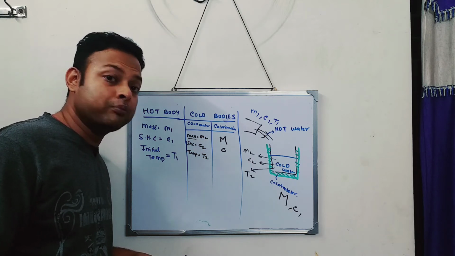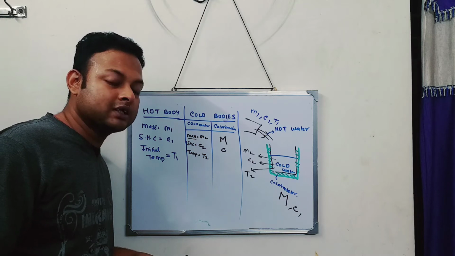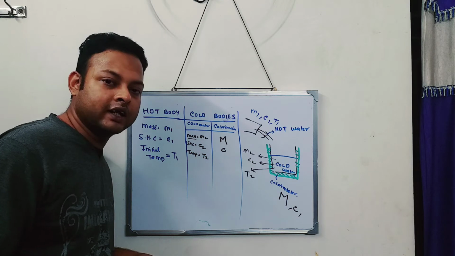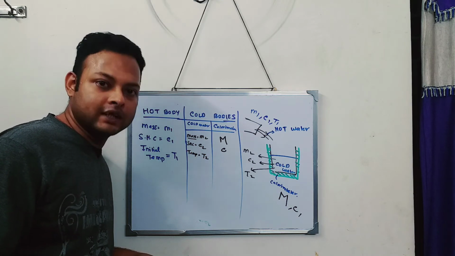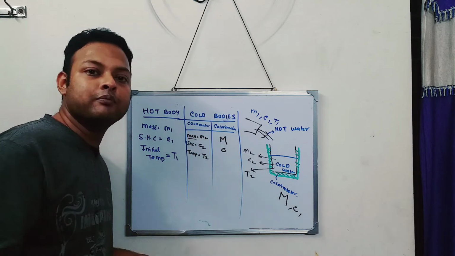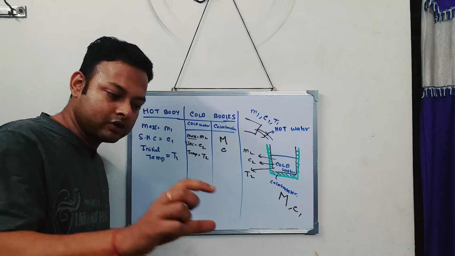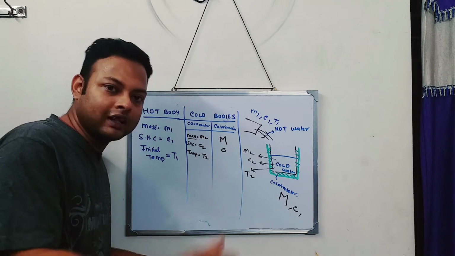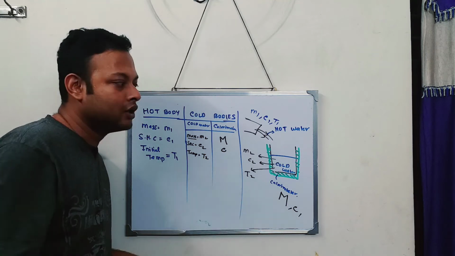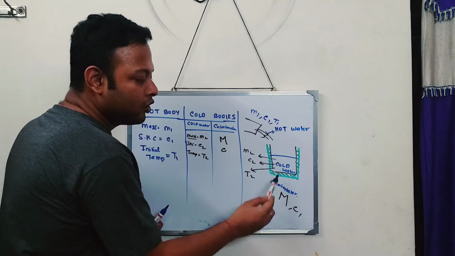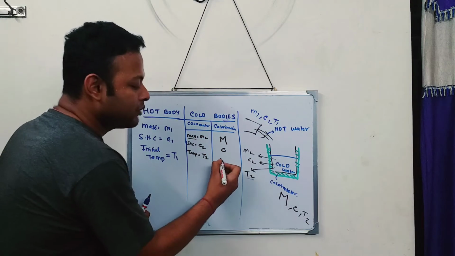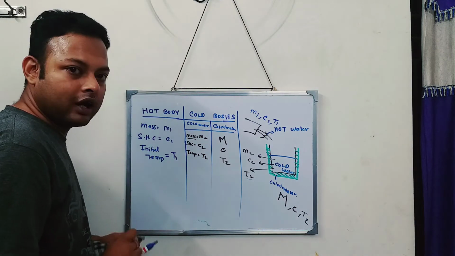Don't you think the temperature of the glass will be the same as the temperature of the cold water? If the cold water from the refrigerator is at say 5 degrees centigrade, the glass will also have a temperature of 5 degrees. So the temperature of this calorimeter will be the same as the cold water, which is T2. Have you understood?